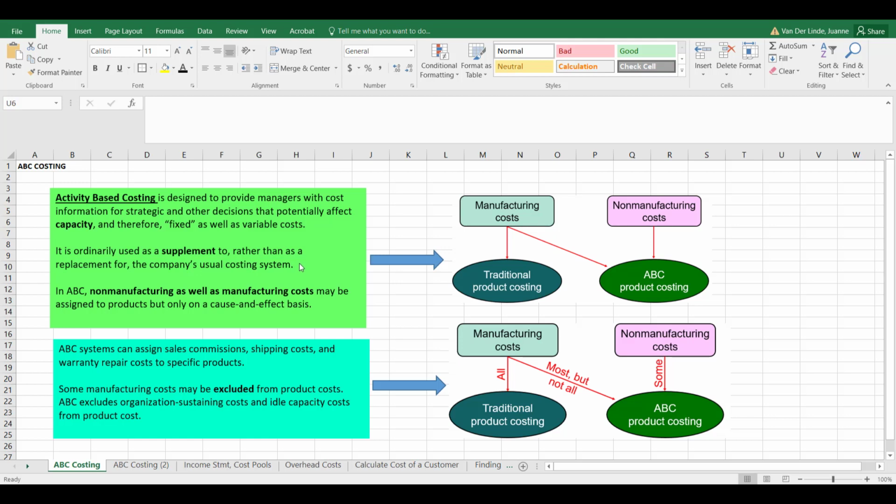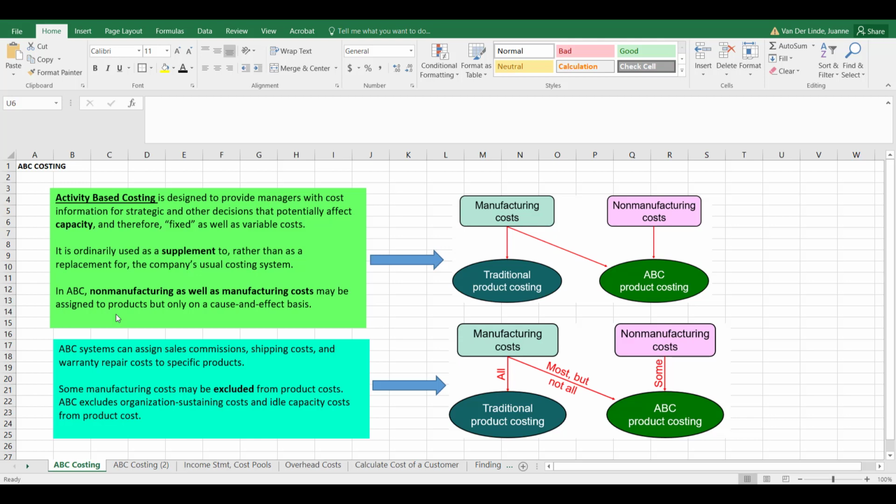One major thing that sets activity-based costing apart from traditional absorption costing is the fact that non-manufacturing and manufacturing costs, so production and non-production costs, can end up being assigned to products on a cause and effect basis with this system. Well, how is that different? Remember, under absorption costing, regular costing, from the beginning of this class, we learned that only manufacturing costs are attached or assigned to products. The rest are considered to be period costs.